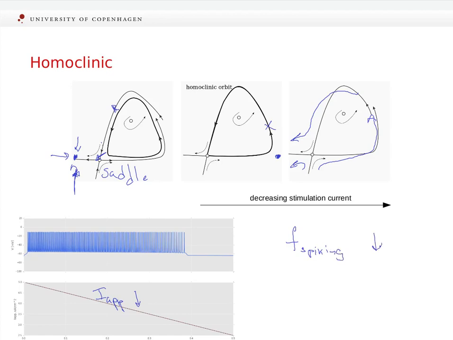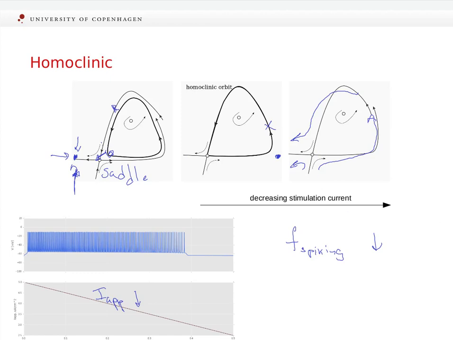So it goes down because this corner becomes closer and closer to the null lines, and as it becomes closer, the dynamics becomes slower and slower in this corner, so we observe a slow corner.